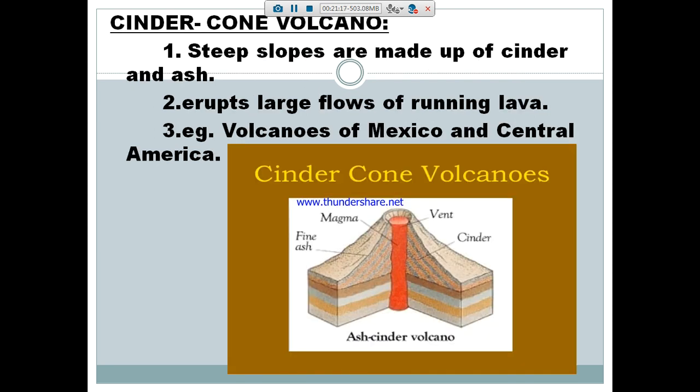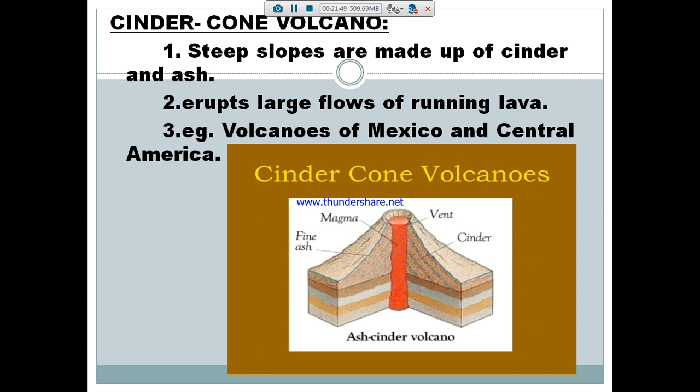And after that, cinder cone volcano. Steep slopes are made of cinder and ash. See the picture, steep slopes are made of cinder and ash. It has silica rich magma, very rich in silica.